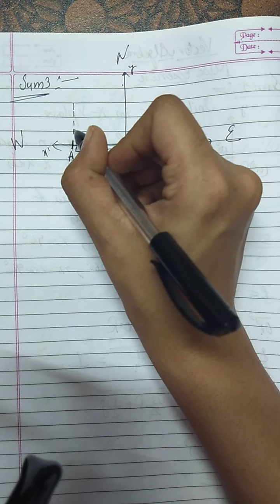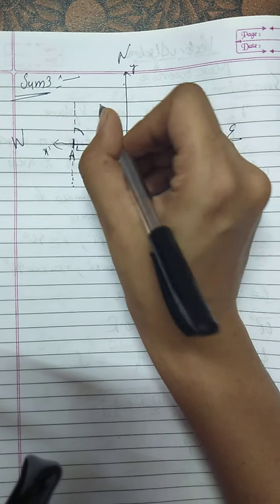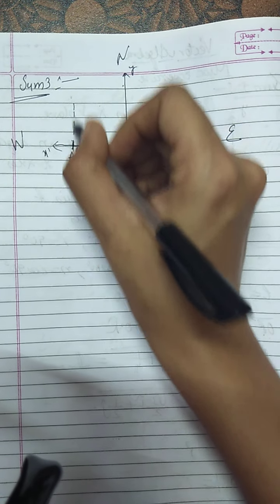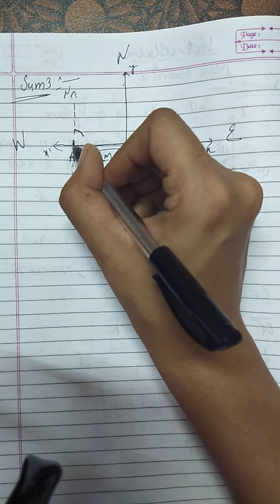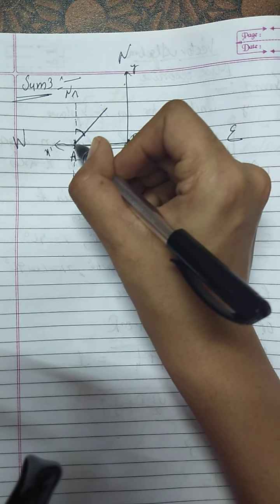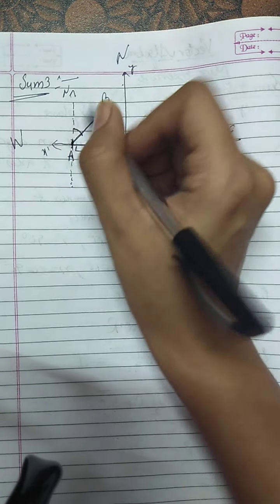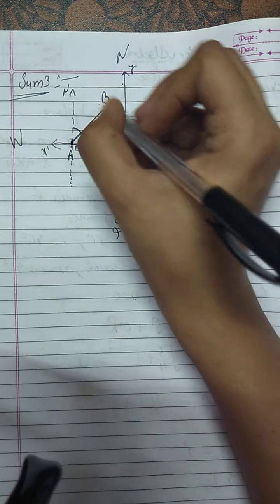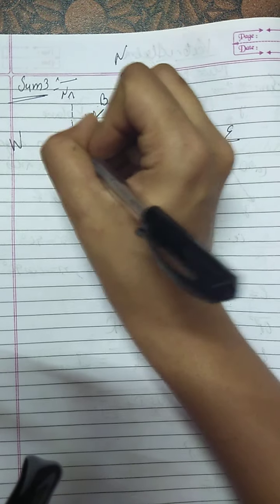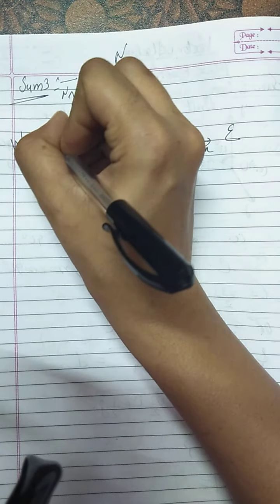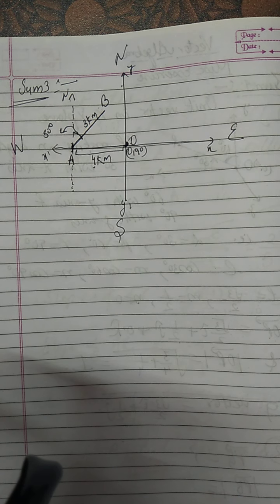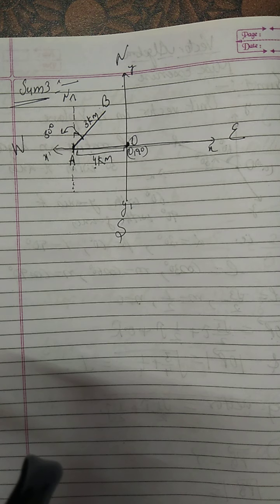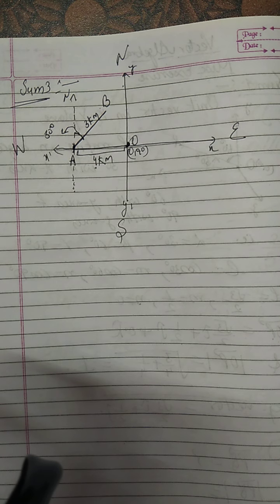She is making a 30° angle with the north towards east. So she is going here, let it be point B. The distance AB is 3 km, and this angle is 30°. Right? Now, after this, what has happened? She stops. Determine the girl's displacement from her initial point of departure.